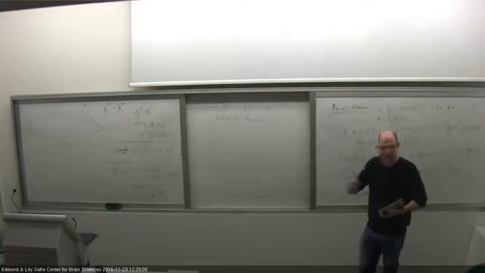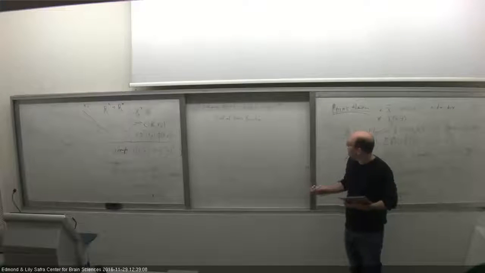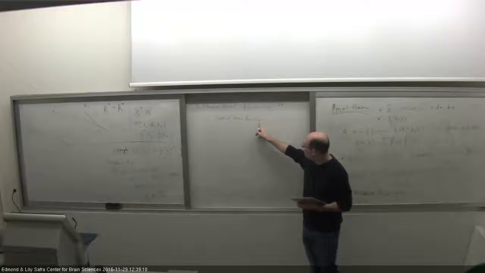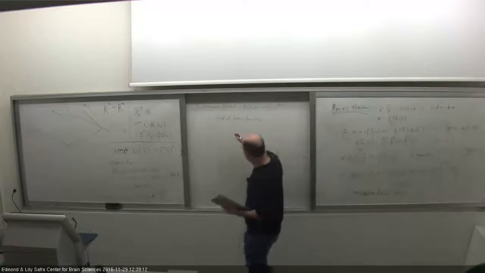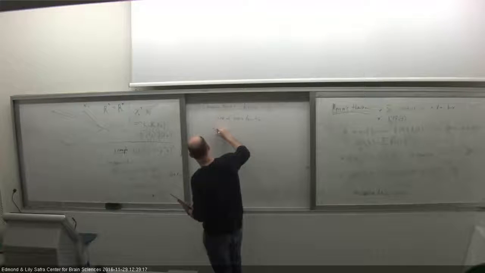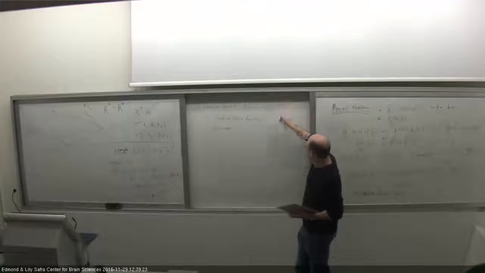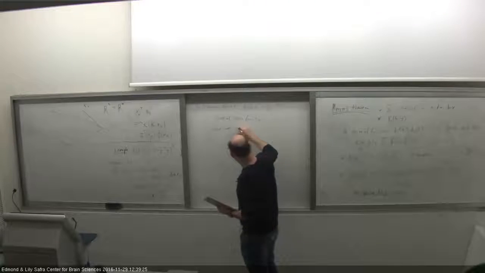People know that for some types of problems, some types of kernels work well. This term, radial basis function, is sometimes used not for this specific function, but for any function which depends on the distance between the vectors x and x prime.